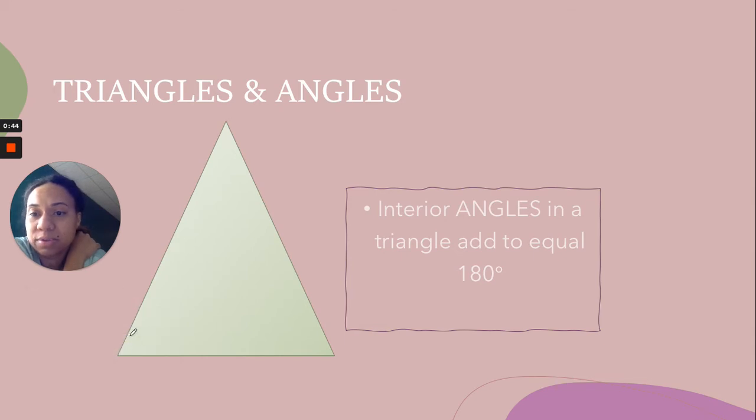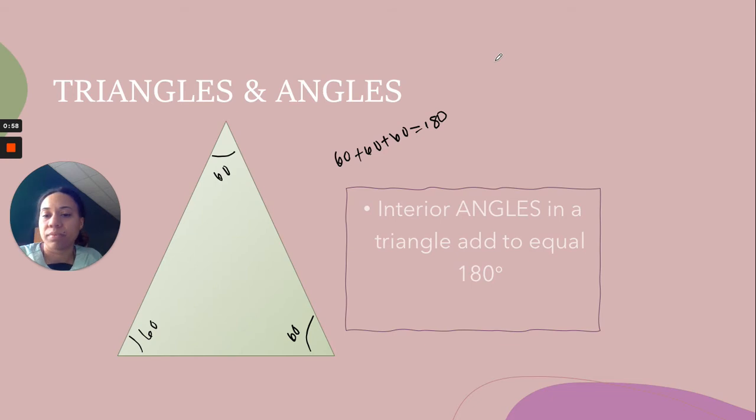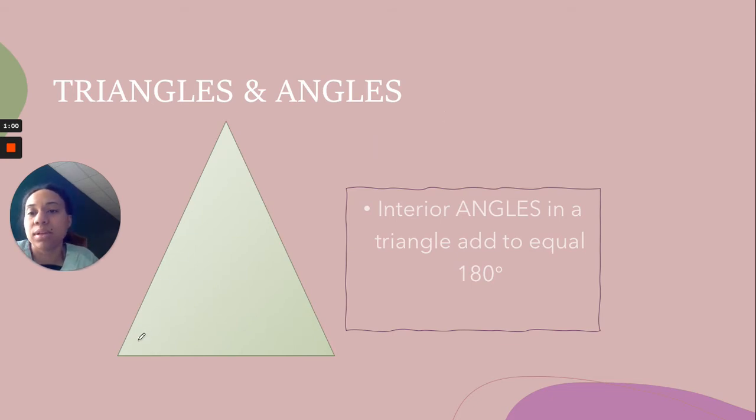All of these angles would add up to 180 degrees, because 60 plus 60 plus 60 equals 180. Okay, let's say this was 40, 50, and this was 90. Well, all of these would add up to equal 180.